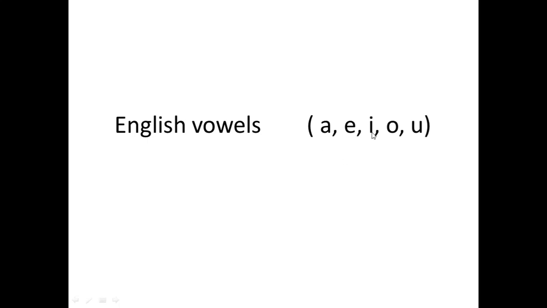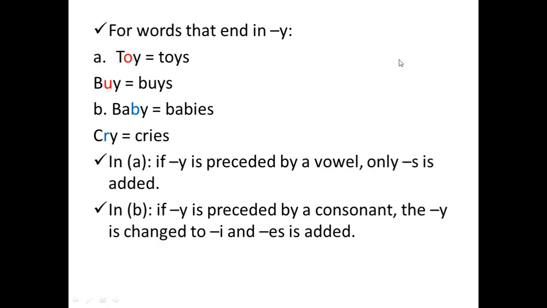Apart from this group, you will add ES to the word because they are consonants. For the vowel ones, as we said, we only add S. For the consonant ones, which came before the Y, we add ES and we change Y into I.